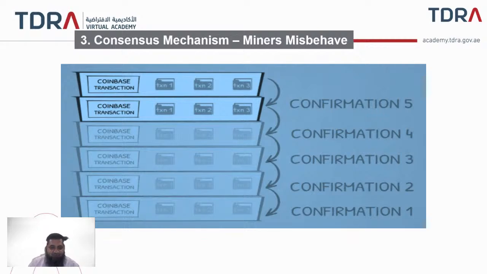So this block was added, and 5 more blocks are connected to it, this one connected to this, and this one connected to this. So this is my block, and these 5 are the five confirmations of my block. Transactions are considered valid in the blockchain when there are 100 confirmations of the blocks.